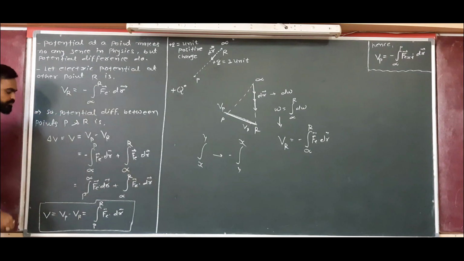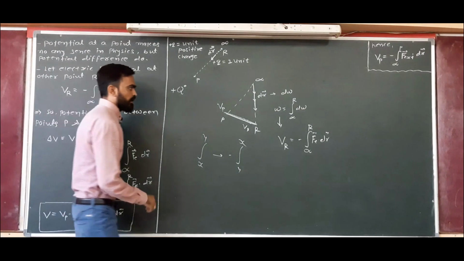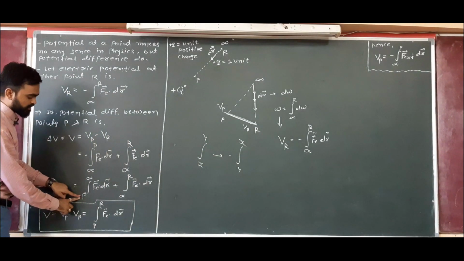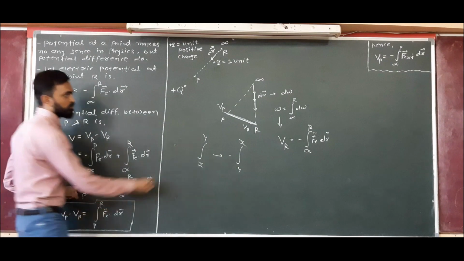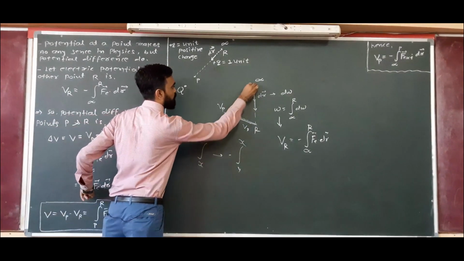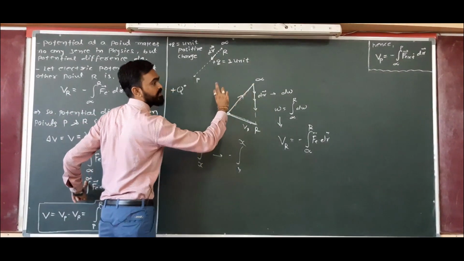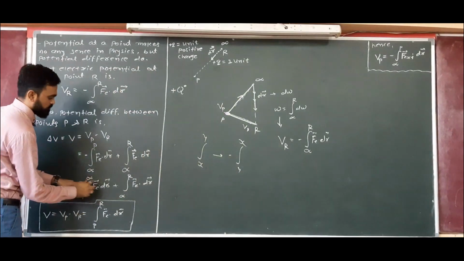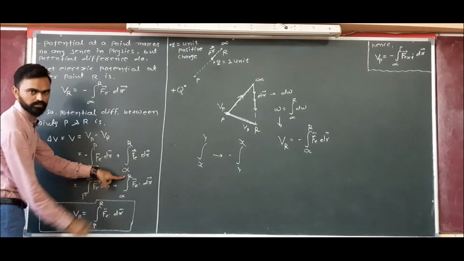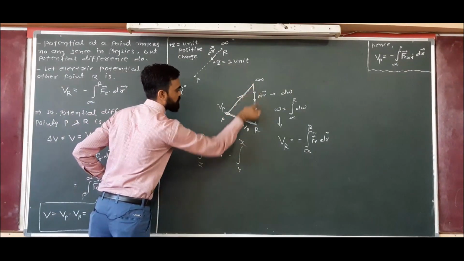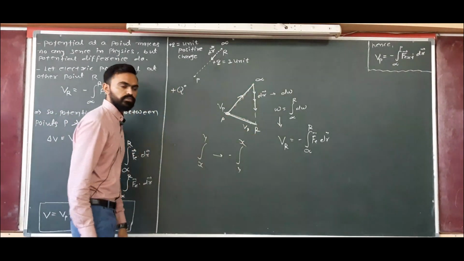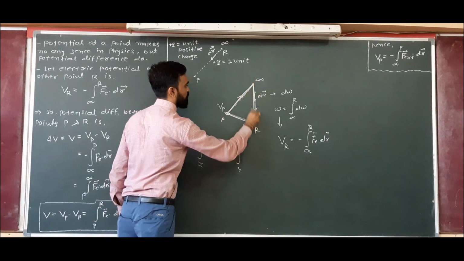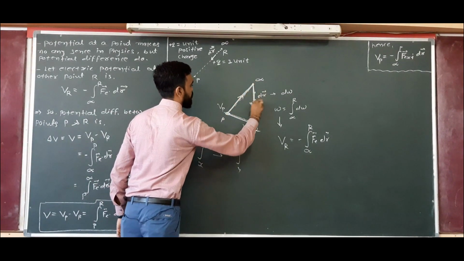Now see what happened. Here p to infinite means we went from p to infinite, which is why we changed the integration limit. Then from infinite to r we move, that means p to infinite, then infinite to r. So this is the direction of our way.